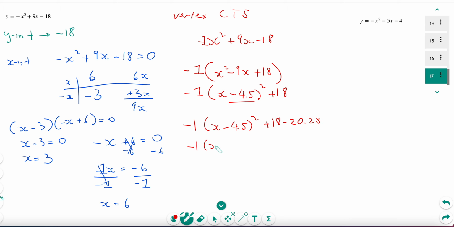Simplify. 18 minus 20.25 is minus 2.25. And then don't forget, the last step is you have to multiply the outside terms together, all right? Negative 1 times negative 2.25 is positive 2.25. So our vertex will be positive 4.5 and 2.25.